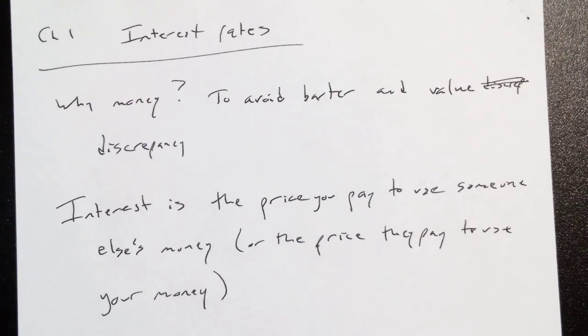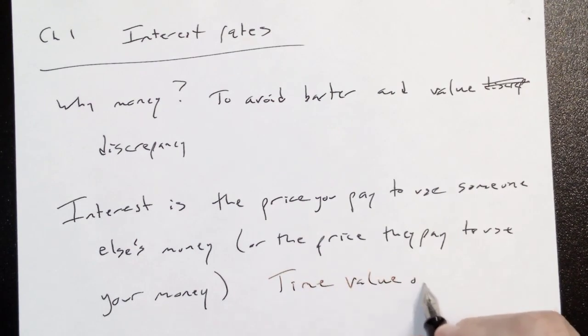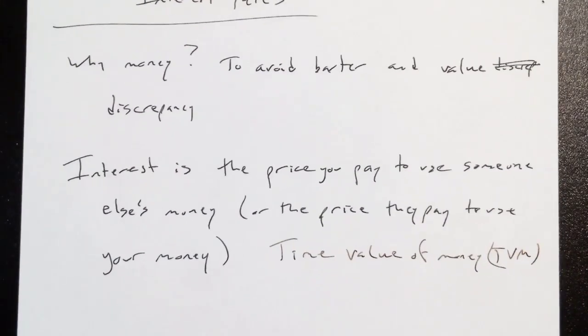A lot of textbooks call this, because this really matters how long you use their money as well, the time value of money, TVM for short. So in a sense, this course is about understanding TVM.